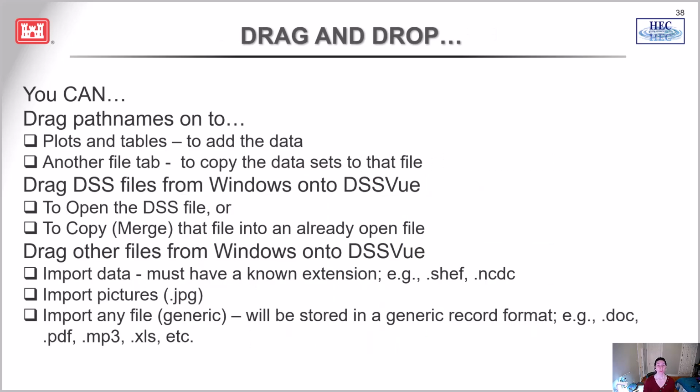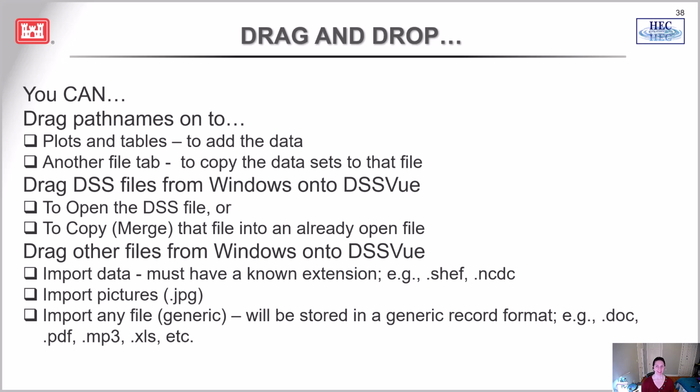It also supports a drag and drop function. So you can drag path names onto the different plots and tables. You can drag them to the different tabs up top. You can drag DSS files from Windows into the DSS view and it'll open it up. It'll merge it. You can drag other files into the DSS view. However, it must be a known extension.